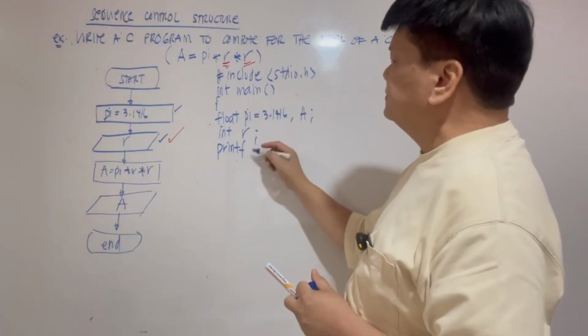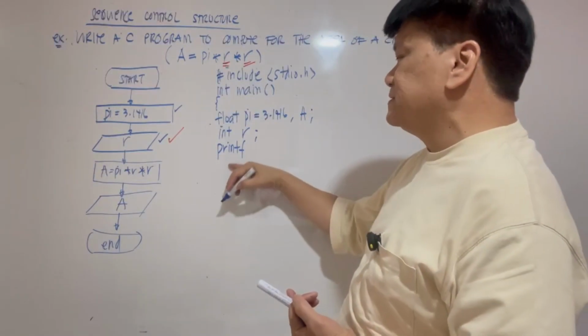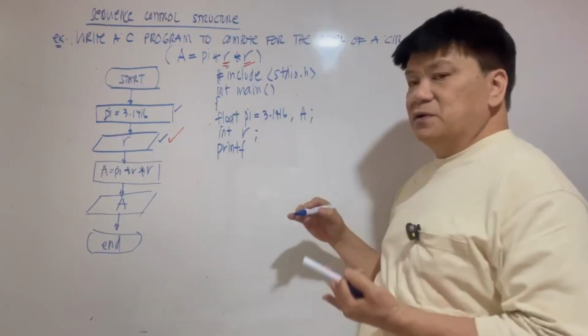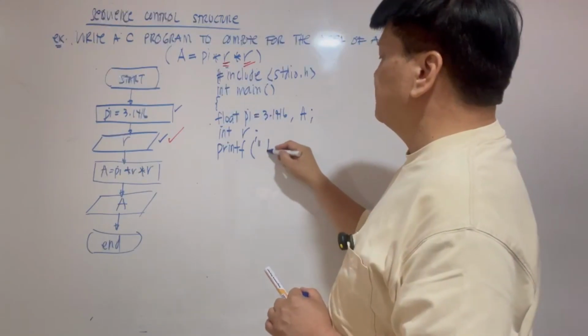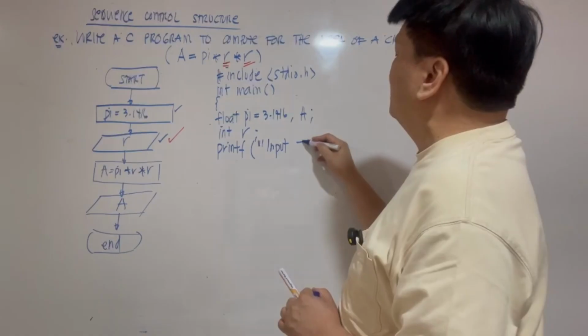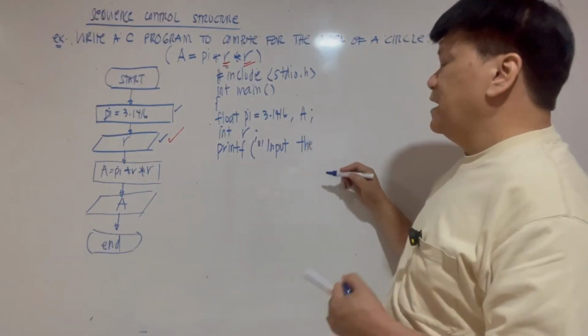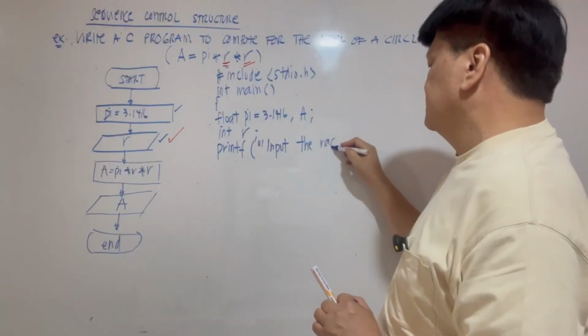So printf. Again, let us create an output statement so that the users will be guided on what to do. So let's say, for example, you're going to put here "Input a value for the radius", or "Input the radius".